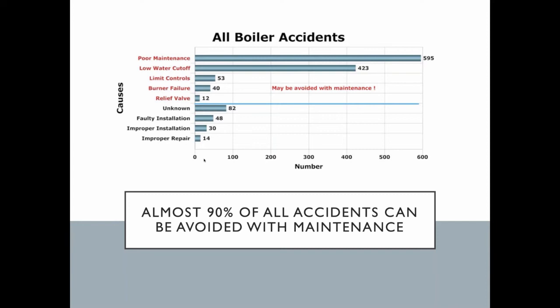Most of the time it was from poor maintenance or improper maintenance. Low water cutoff was the next, then limit controls, burner failure. So if your boiler is maintained and it's looked at on a regular basis, you are not going to have issues and problems; you're more likely to get killed from the coconuts falling down and hitting you on the head.